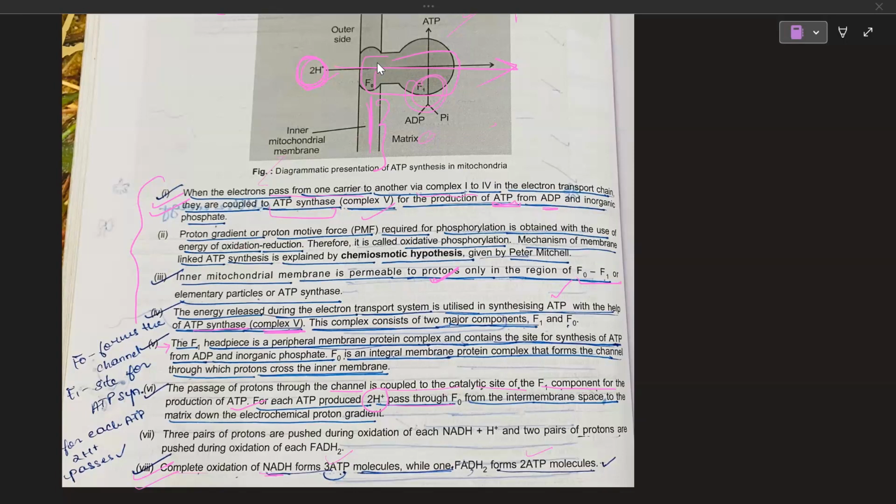Can I just write proton gradient is required? Definitely.